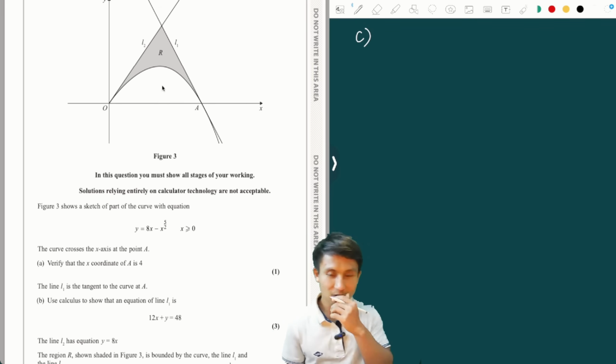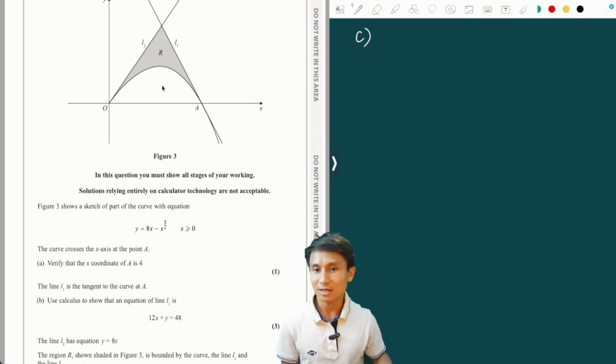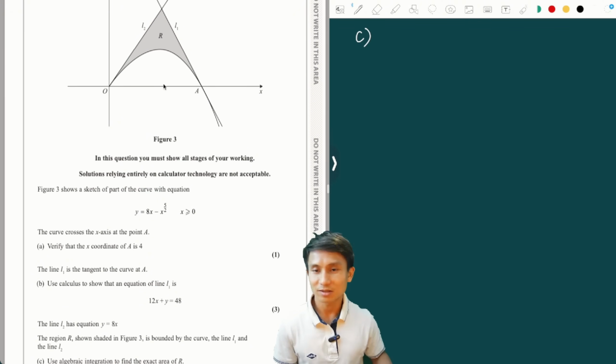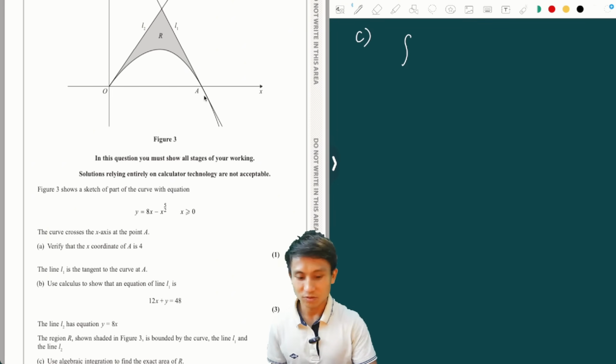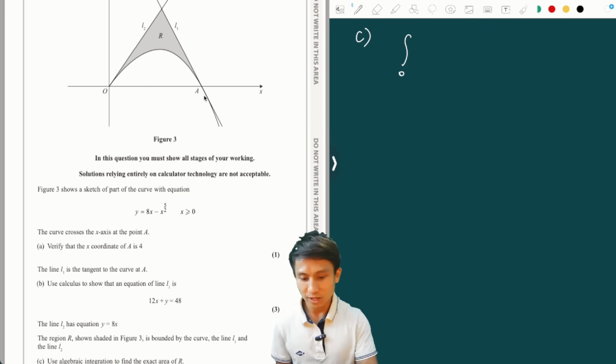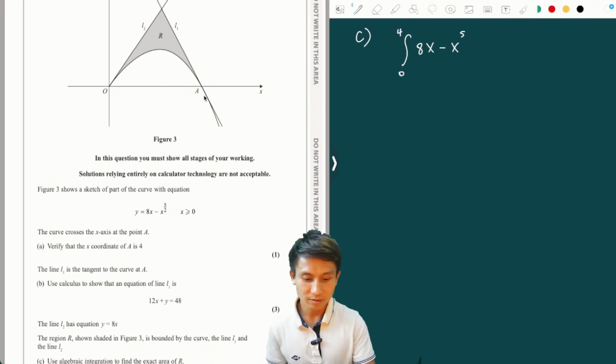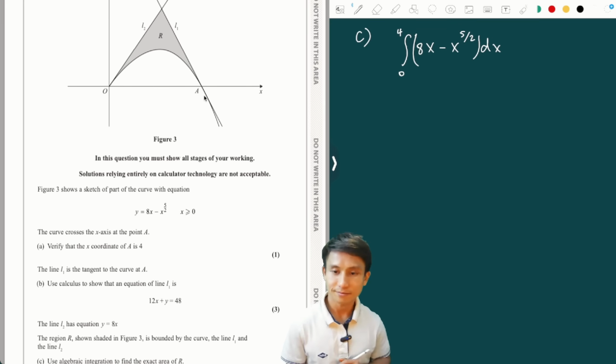All right, so we can find the area we're going to subtract by integrating the curve from 0 to A. Yeah, so we're just going to do 0 to A being 4, integrating this curve right here, dx. All right, just that.